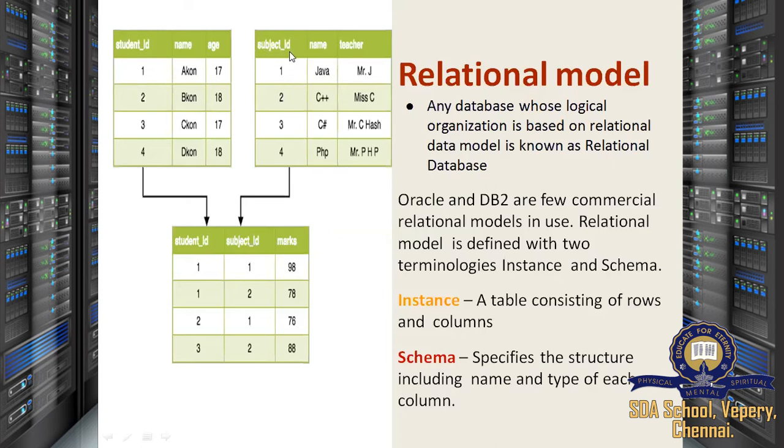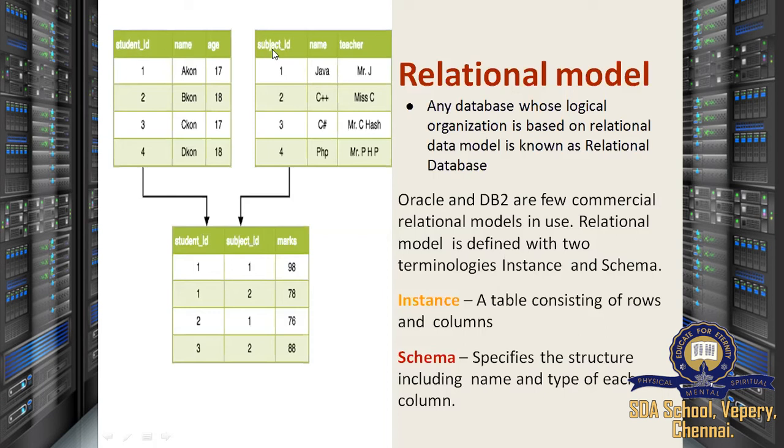The same attribute can be seen on table 3. So, this student ID attribute forms a relationship from the first table to the third table. This subject ID forms a relationship between the second table and third table. So, student ID as well as subject ID will be called keys.